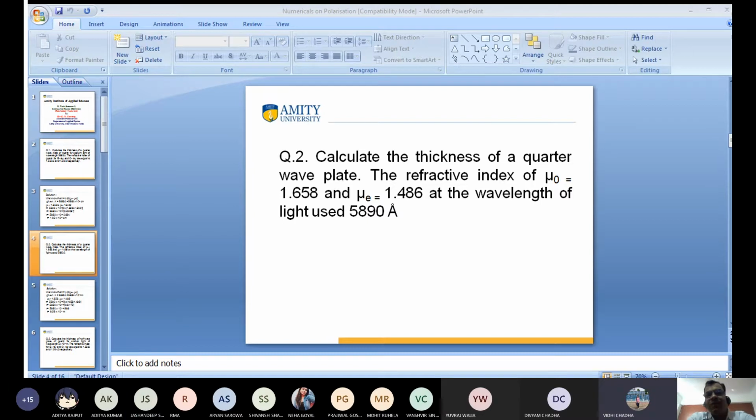Very good. Rama, what is your answer? Neha, what is your answer?